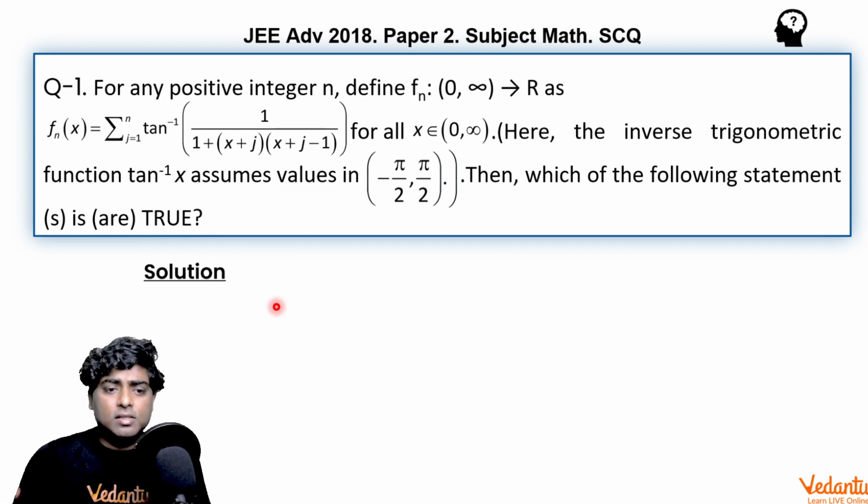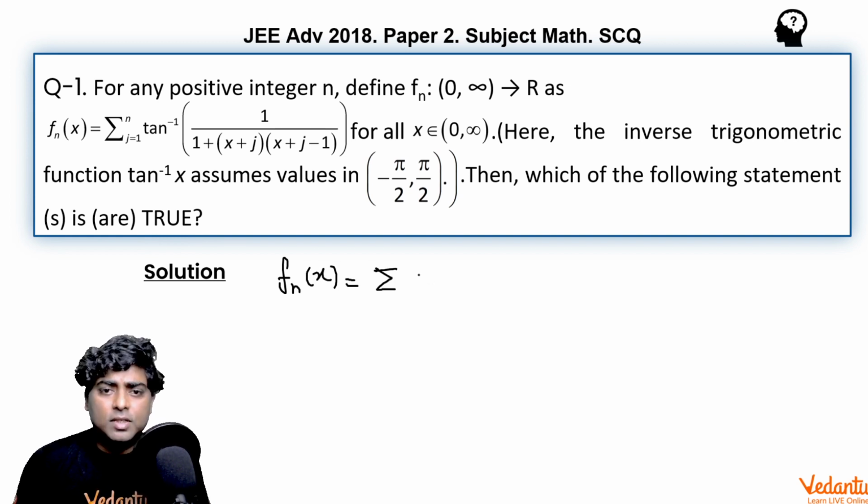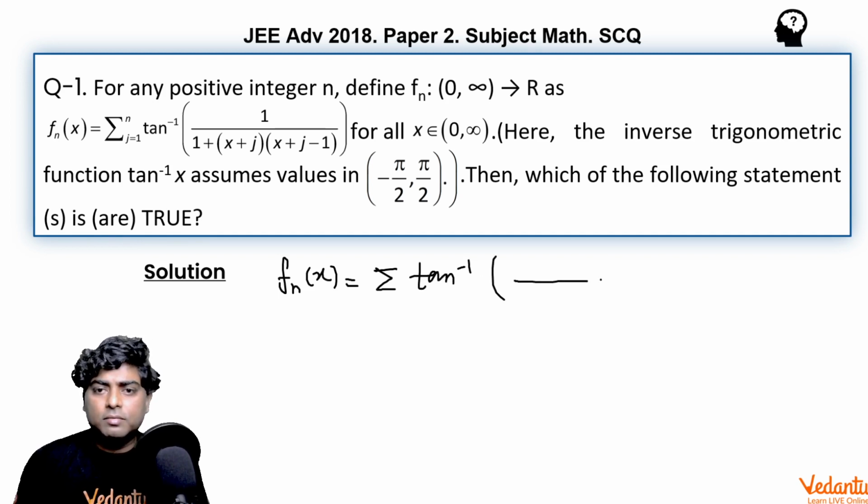See, this series is very common, I would say. fn x, if I write it as sigma of tan inverse of, in the denominator, I am writing 1 plus (x plus j)(x plus j minus 1).